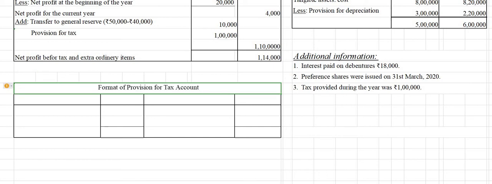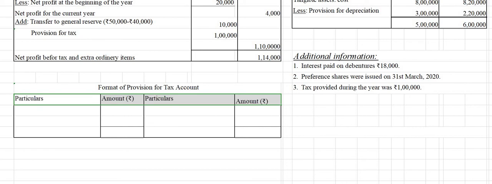This is the format of the provision for tax account. This is very important, do not forget this. This is the format of the provision for taxation account. Since it is a liability account, we first write the opening balance.